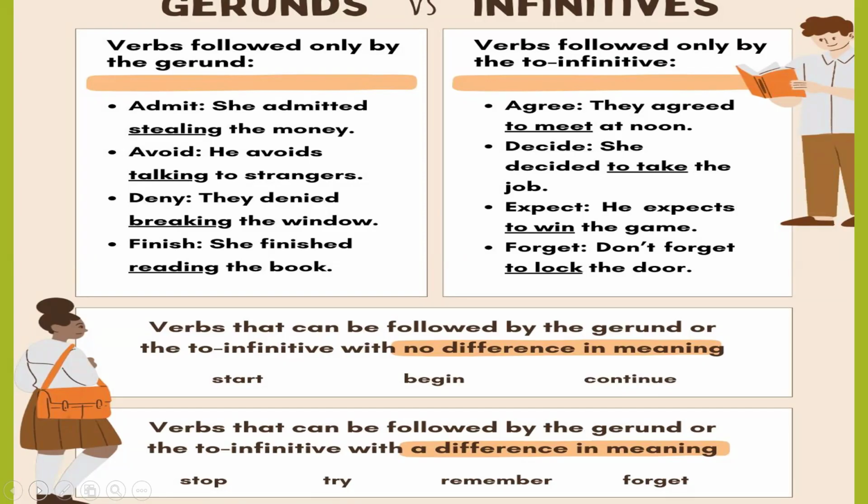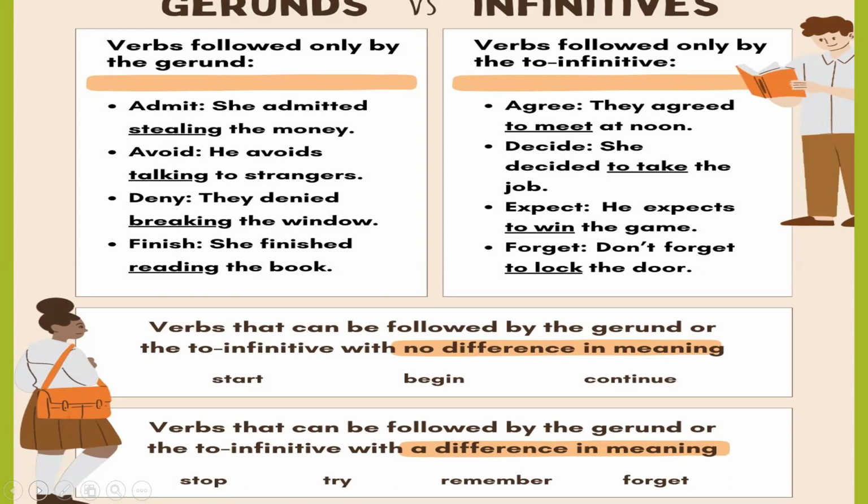Avoid: he avoids talking to strangers. So "avoid" always takes gerunds. Deny: they denied breaking the window. "Breaking" is a gerund, so "deny" always takes gerunds. Finish: she finished reading the book. "Finish" is always used with a gerund, and "reading" is the gerund.